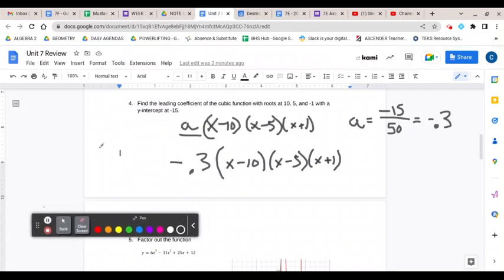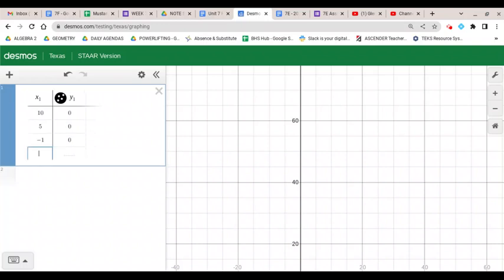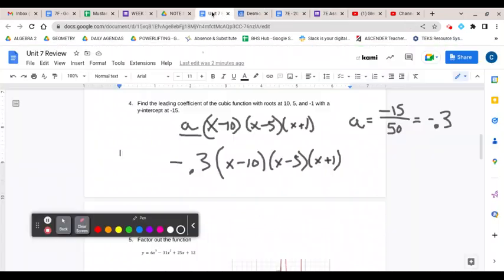If we choose, we could also do a regression with this if we wanted to, using the 10, the 5, the 1, and the y-intercept at negative 15. So let's say we decided to do that here and do a table. We have a root at 10, 5, negative 1, and a y-intercept at negative 15.